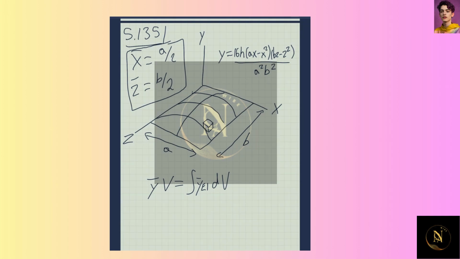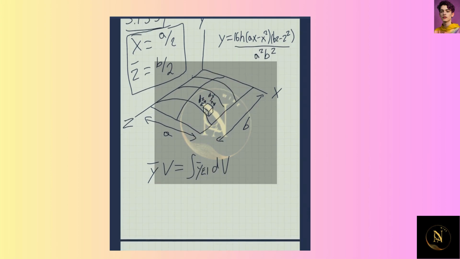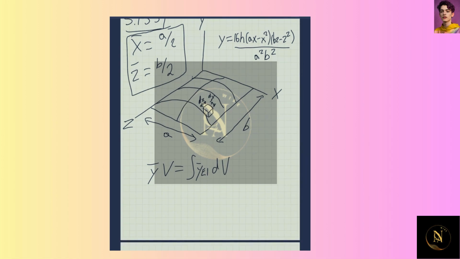It's going to be a bunch of small cubes, with one side being dx and the other side being dz, change in z, change in x.